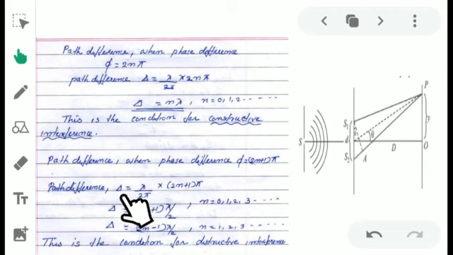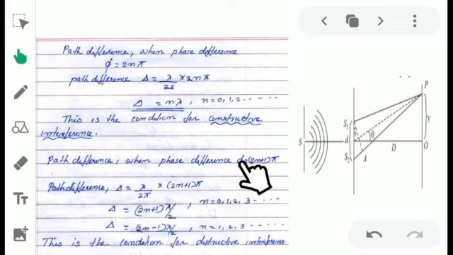Then the path difference delta is equal to lambda by 2 pi into (2n plus 1) pi, that is (2n plus 1) into lambda by 2, where n is equal to 0, 1, 2, 3 to infinity. Otherwise delta is equal to (2n minus 1) into lambda by 2, where n is equal to 1, 2, 3 to infinity. So this is the condition for constructive and destructive interference.